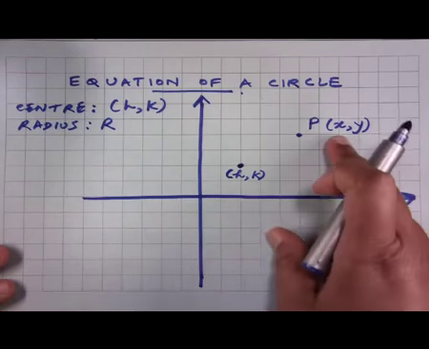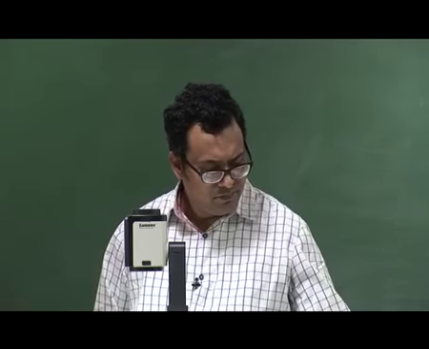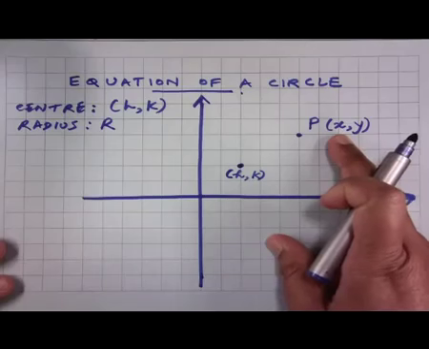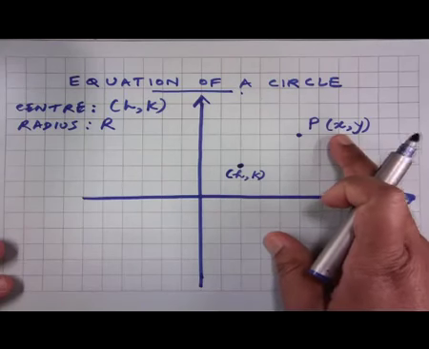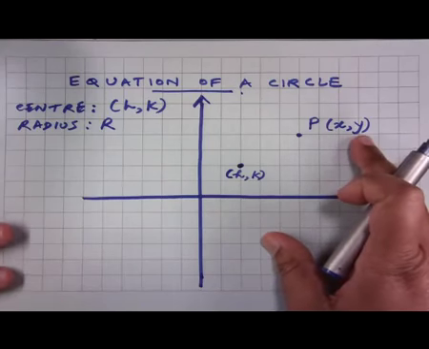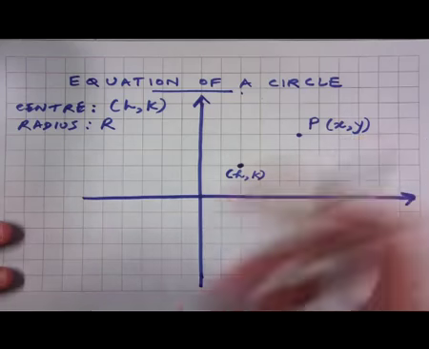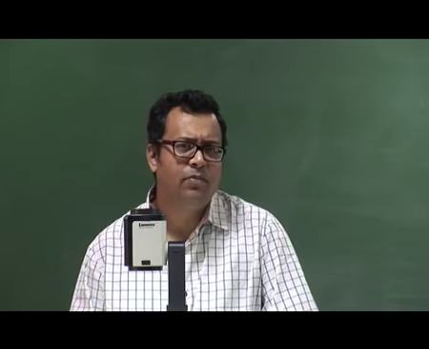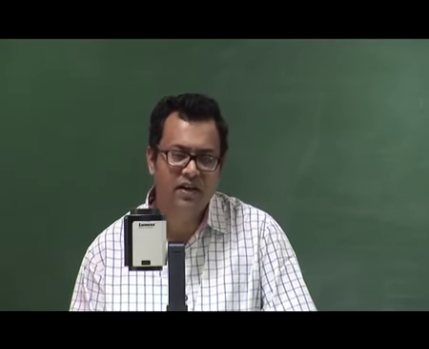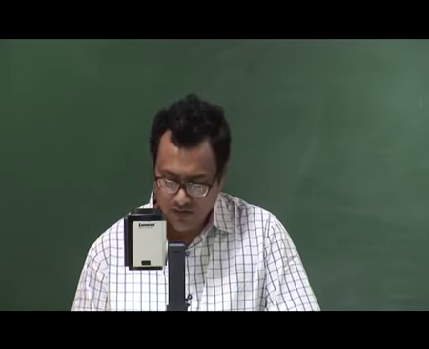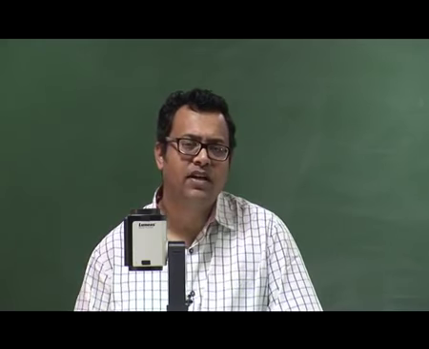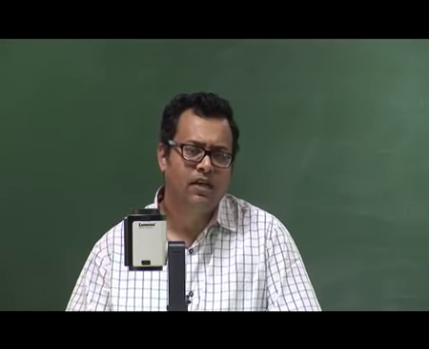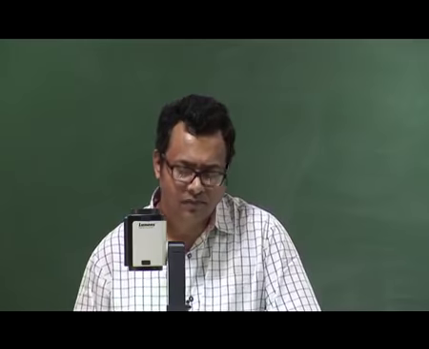Can we now form a rule which this x and y must satisfy, so that, just like in the case of the straight line, given any point whose coordinates we know, we should be able to check and tell whether that point is going to lie on the circle or not.